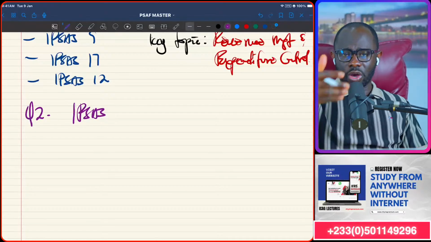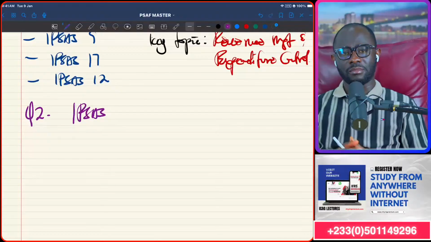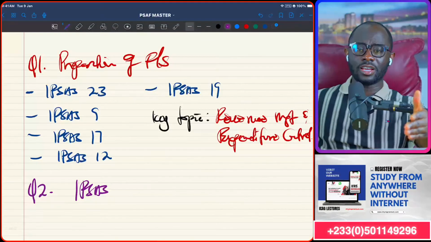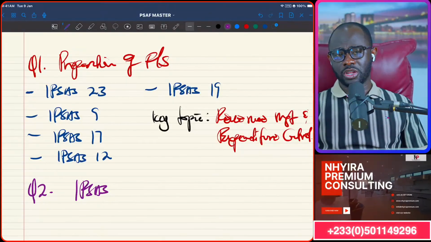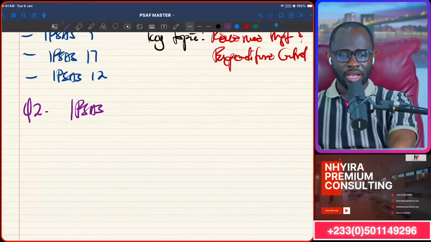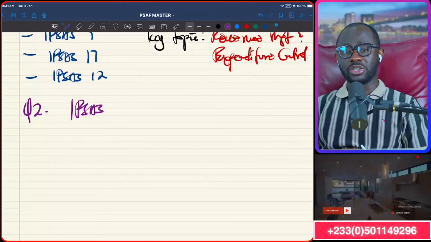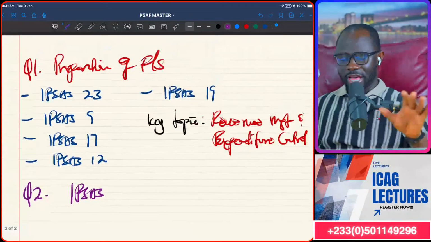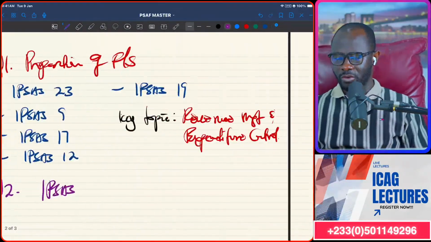And so as you are going into the exam hall, the question 2 area, there will be some IPSAS there. And so in addition to the ones that are directly going to be reflecting in the preparation of the financial performance and position of the entity, we have to also be mindful of the fact that we will have dedicated IPSAS questions, and we should be in the position to be able to provide the answer at the end of the day. So that is what we want to look at here and focus back on question 1, preparation of financial statement.